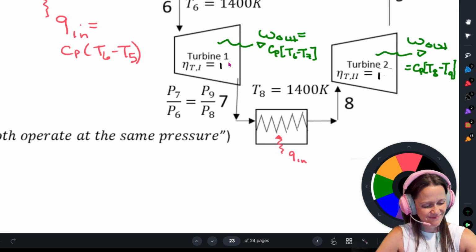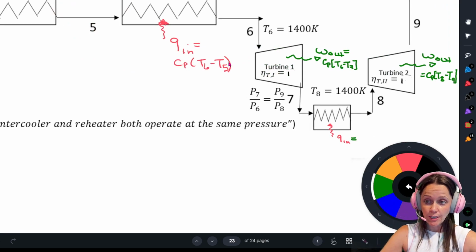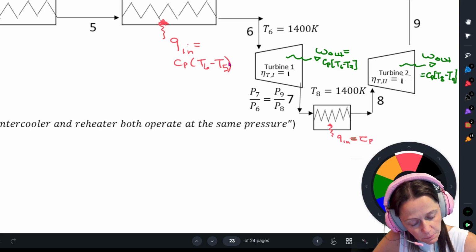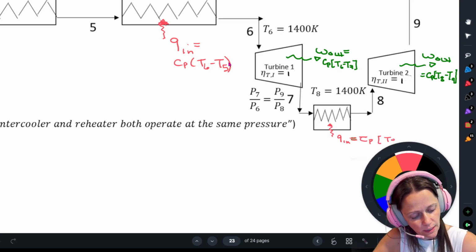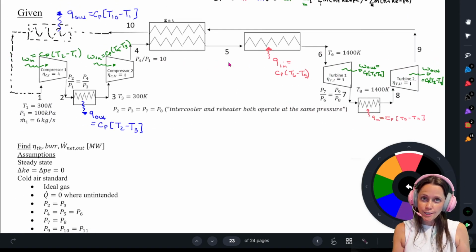There we go. And then my Q in is between 7 and 8. It'd be Cp times T8 minus T7. Perfect. So I've got all my general equations for the Q ins and Q outs.